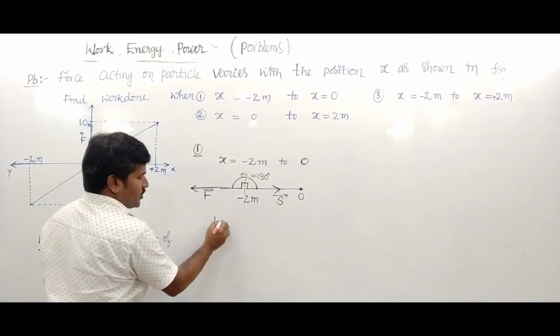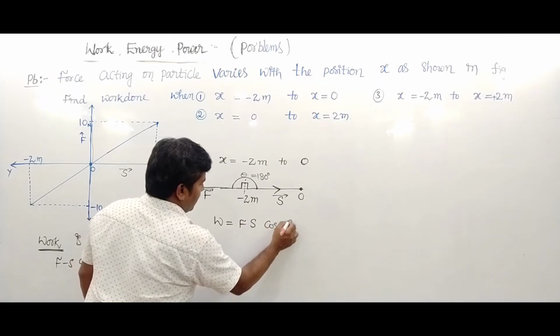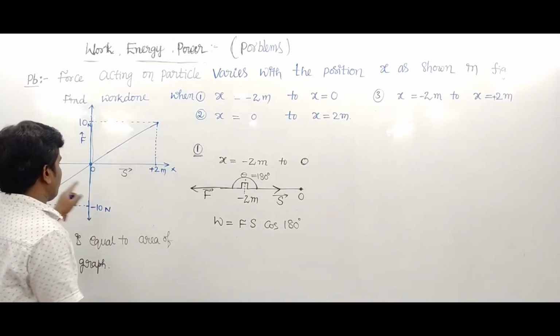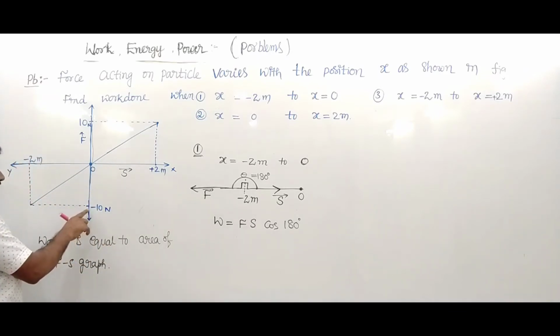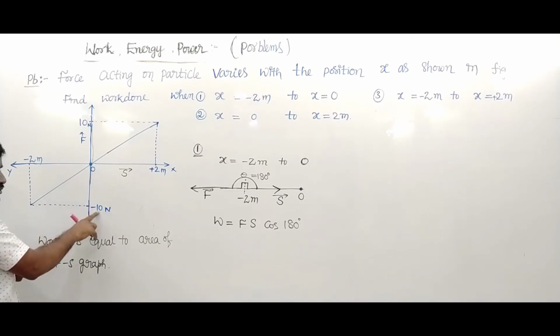Then work done equals F s cos 180. But the F value changes, from 0 to 10. This is the F value from 0 position to 10.